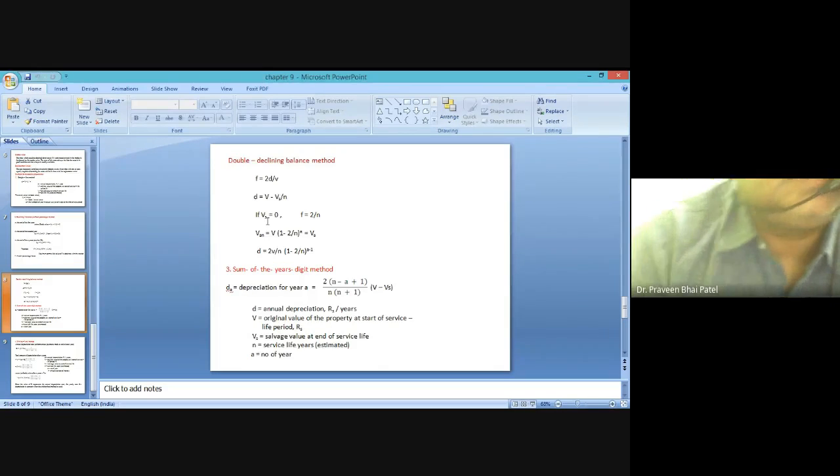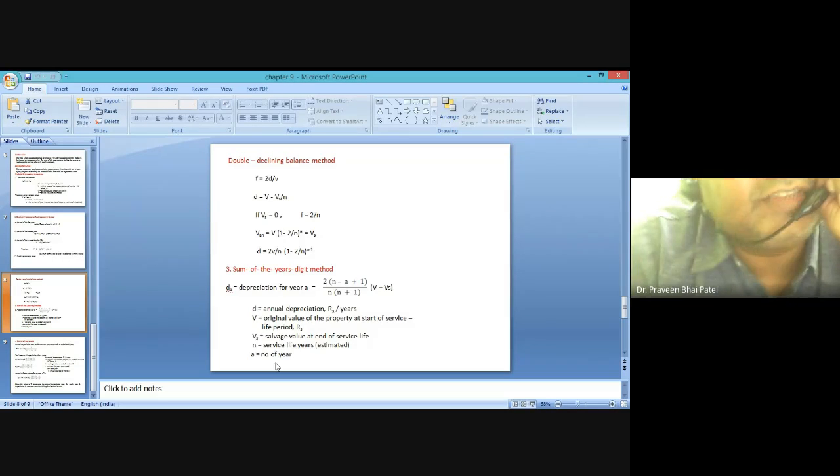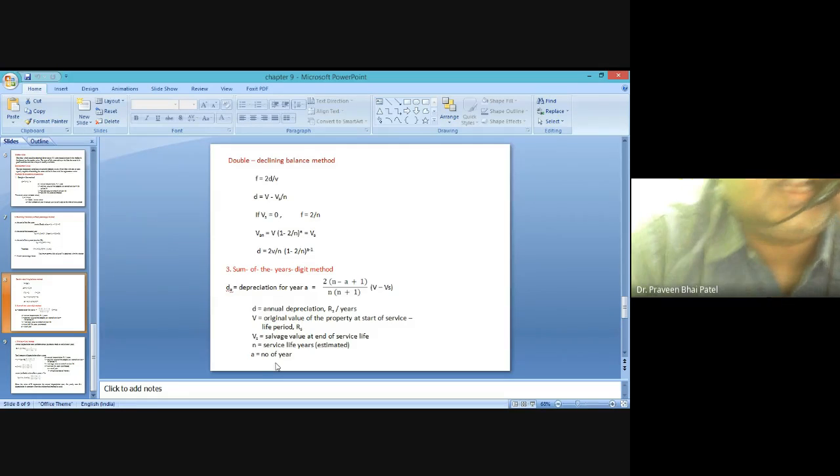From here it is very clear to all of you that all the values are very clear. D is the annual depreciation per year, V is the original value, Vs is the salvage value at the end of the service life, N is service life, and A is the number of years. For every number of years we can do the calculation, and that is calculated one by one.